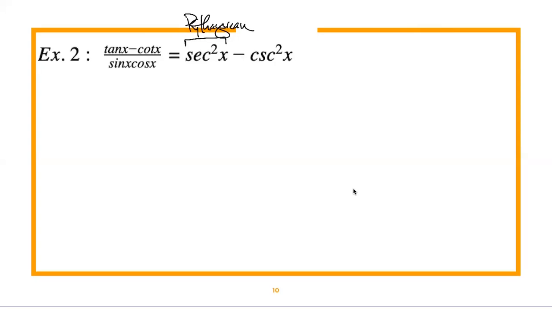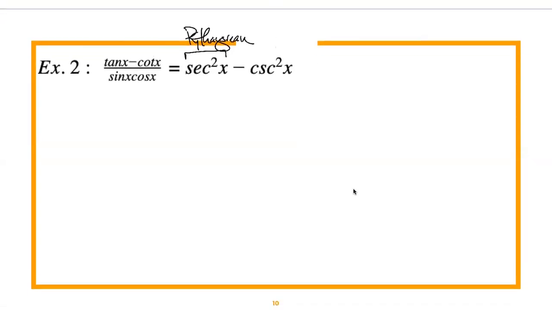But what do you want to change? Is there an identity that you want to use? And if so, what is it? Well, I would do the same thing as my classmates said, change everything to Pythagorean identities. Okay. So Pythagorean.